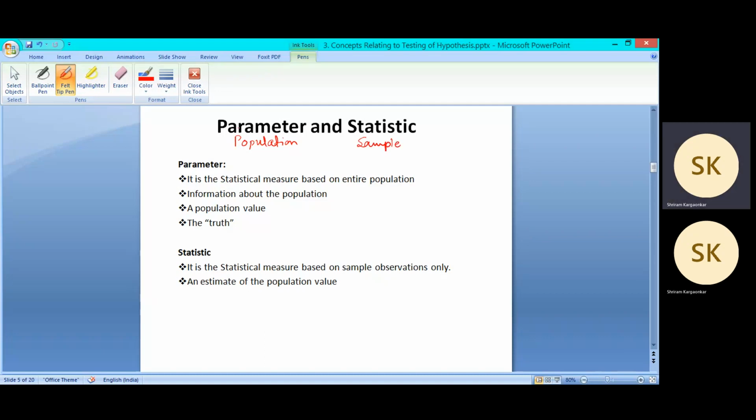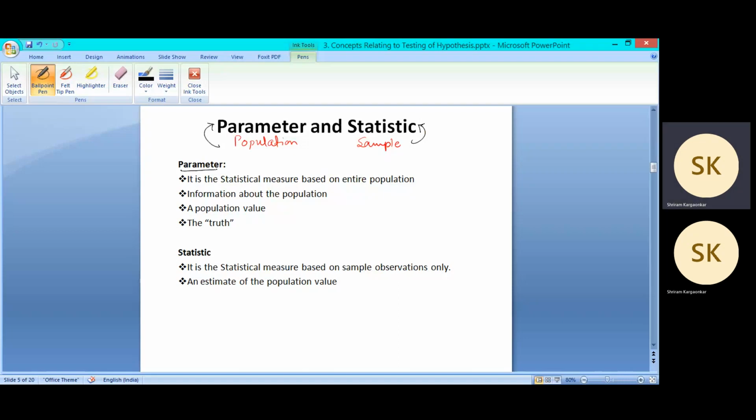Whenever you think about the population, we are dealing with the parameter. And whenever you think about the sample, we will be dealing with the statistic. Let's try to understand what the difference is.